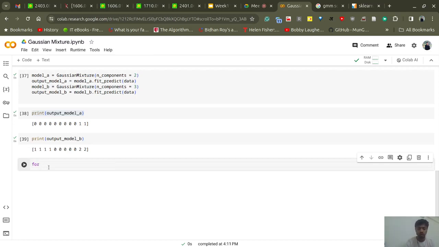Okay, so how can we do this? Let's run a for loop for i in range len of the output.